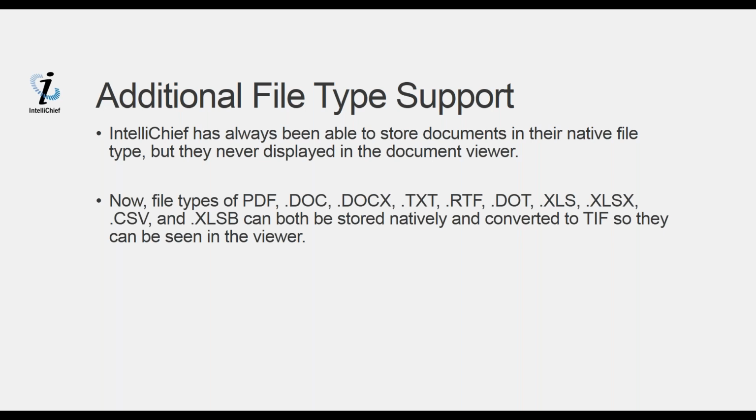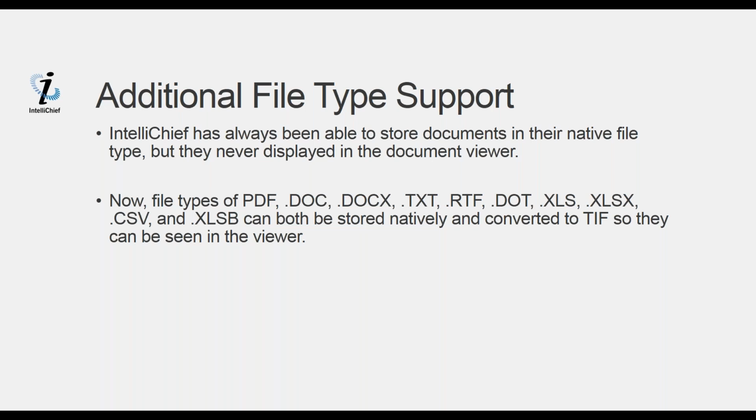In version 4.1, there's now support for the file types that you see listed here on the screen: PDF, Word documents, Excel spreadsheets, and so forth. What happens is the documents are now stored, or continue to be stored, in their native file type. In addition to that, IntelliChief will convert those documents to TIFF format so that they can be seen in the viewer, right?